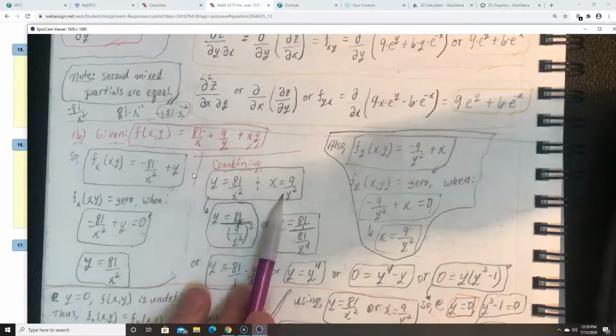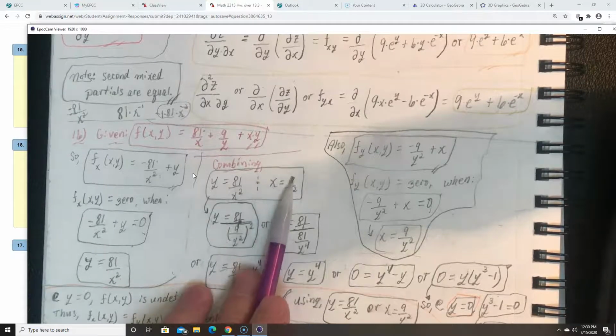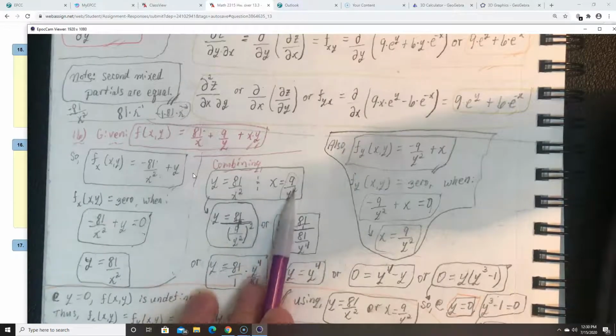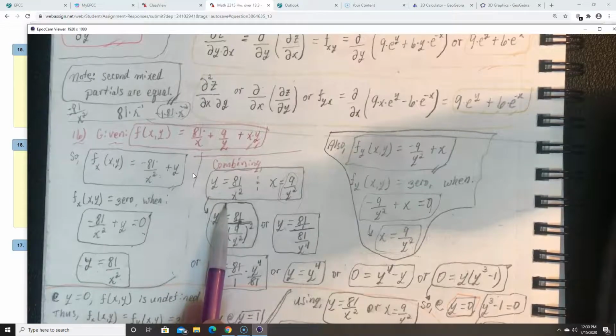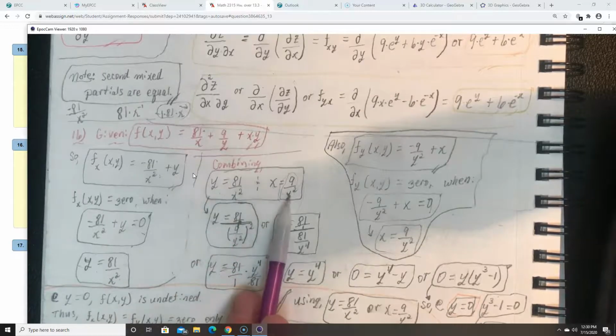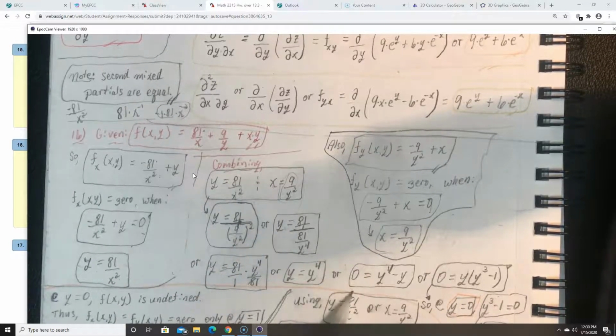I took this one right here, x equals 9 over y squared, and put it into this one. You could also have put this one right down here. Either way, you will get the same values.